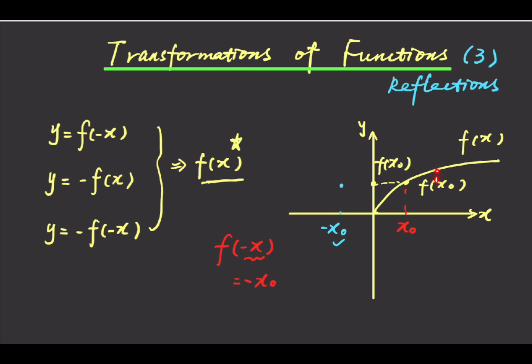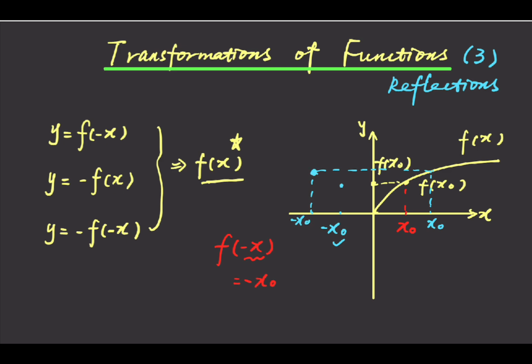Similarly, for this point, the corresponding point should be here. This is the same y value, so this is the image point for this point on the original function. We can locate this point here. It should be negative x0.